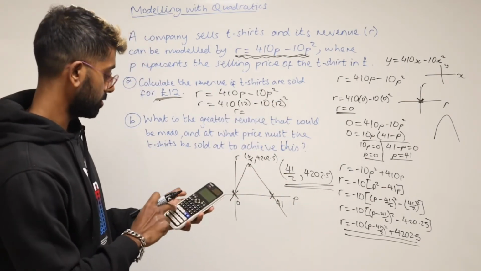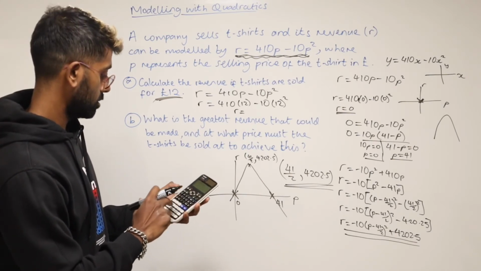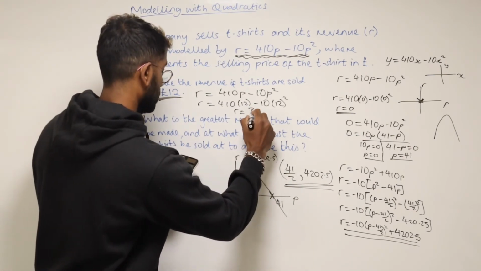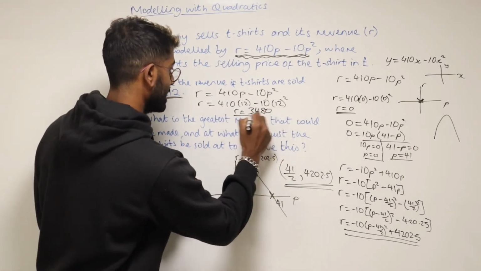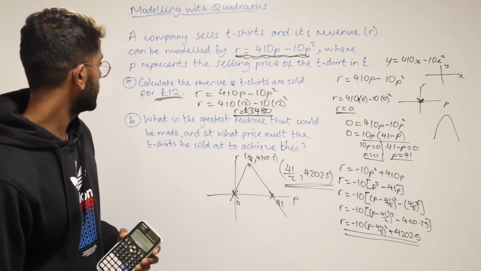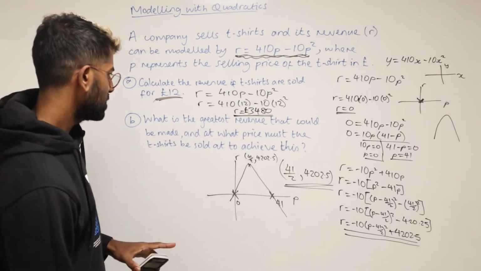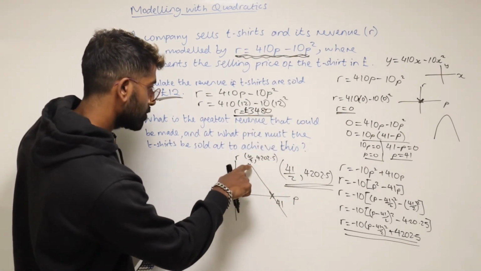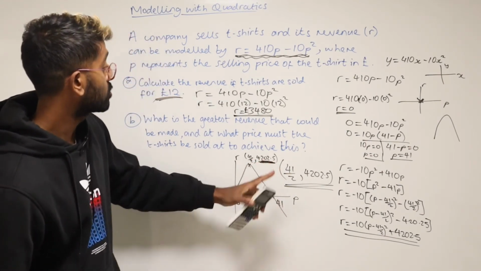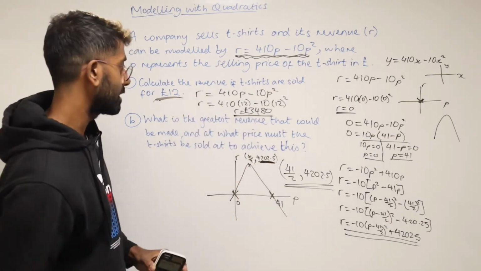So that's 410 times 12 minus 10 lots of 12 squared, and that comes out as 3,480, and that would be pounds. So when it's sold at £12, that's the revenue they're making. And you can see that the maximum revenue that could be made, when we completed the square, was 4,202.5. So they're not quite at the most money that they could make.